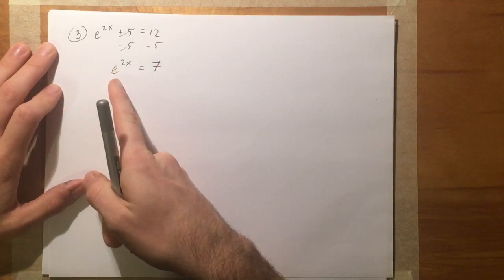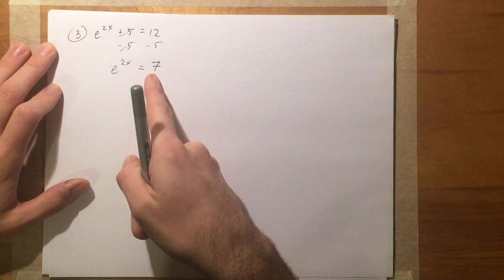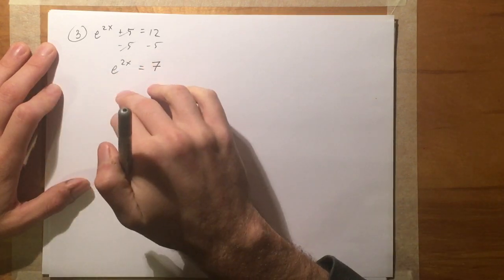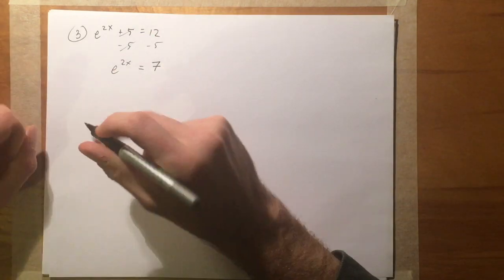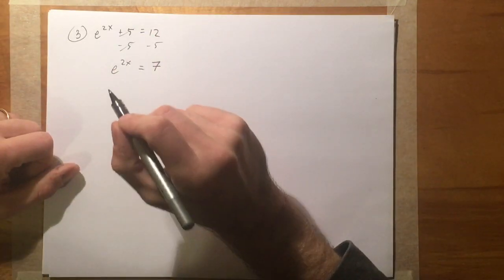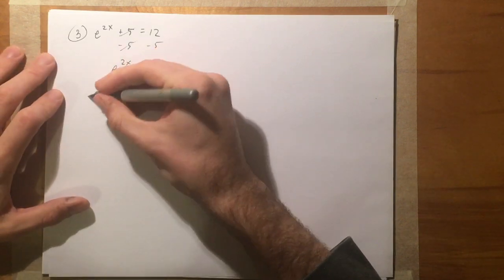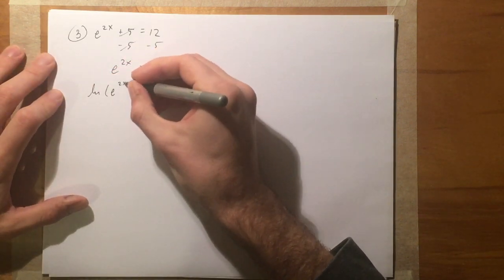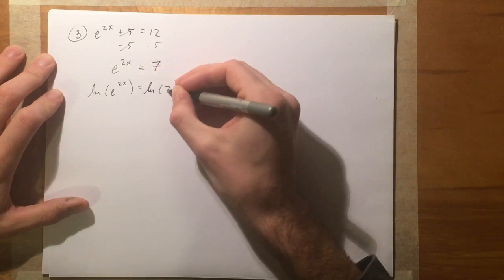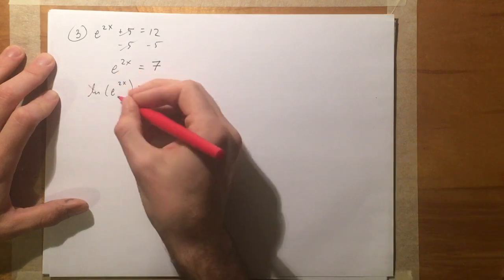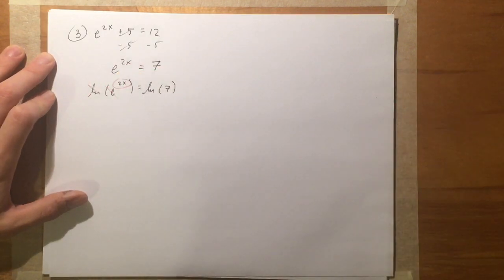This is a base e. That's not base e, but I should be able to handle this somehow. In the previous example, I showed how you could just do a log of both sides. In this case, I'm going to choose specifically the natural logarithm. I'm going to do the natural log of both sides, because the natural log is going to cancel out the base e exponential function.